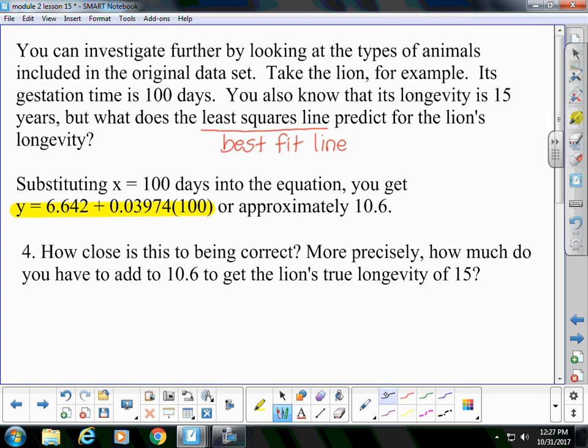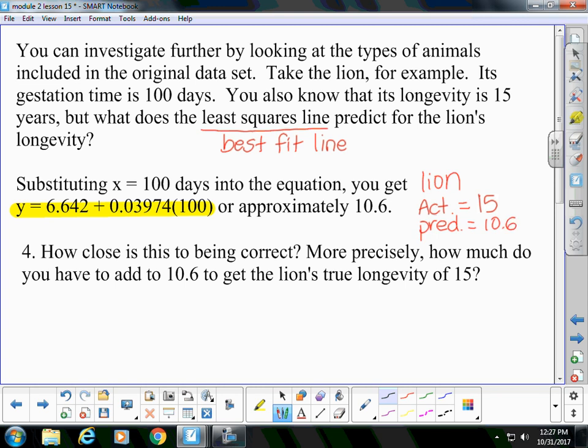Okay, so for the lion, they said the actual is 15, but the predicted is coming out to 10.6.